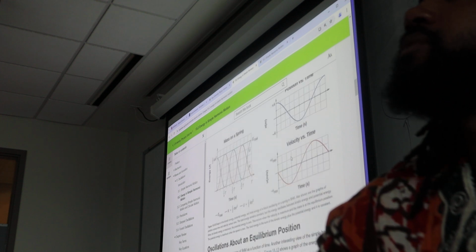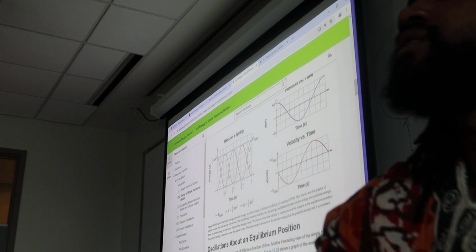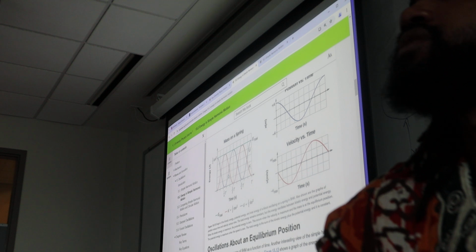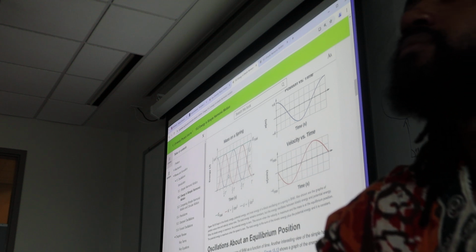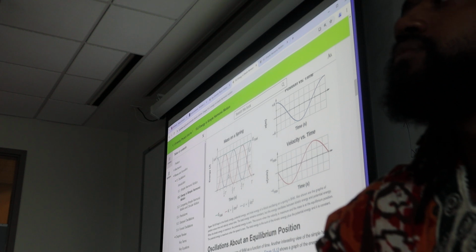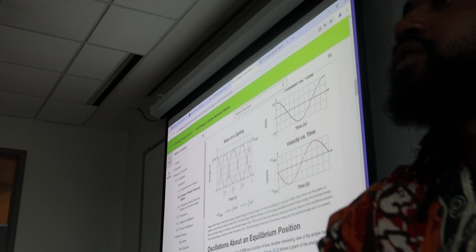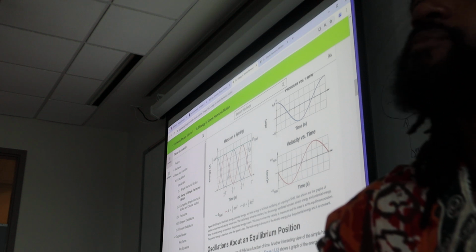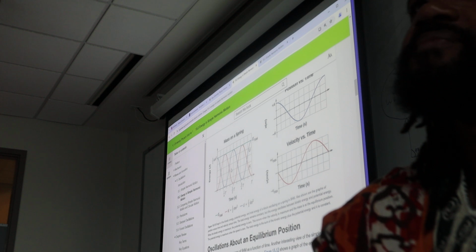There's an equilibrium point that the system wants to revert back to. It wants to go back to the equilibrium point. I always want to go back to that.